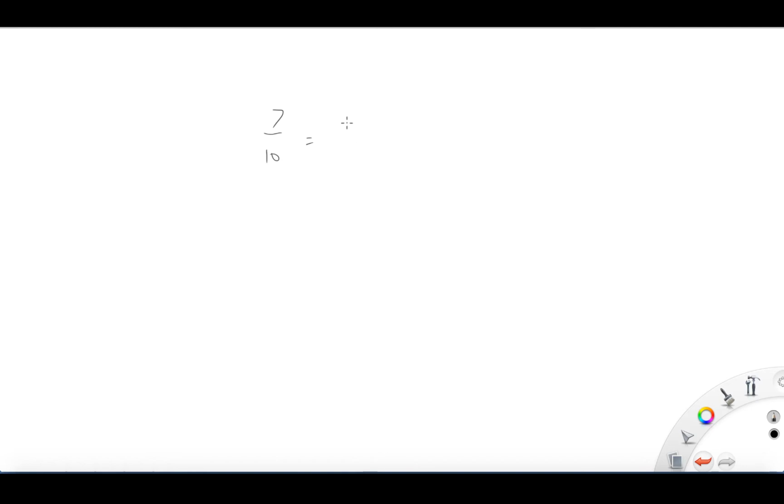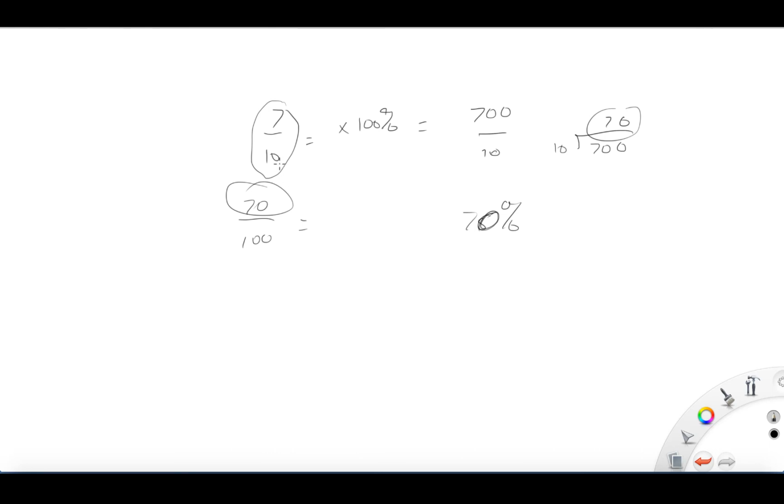Do it the way they do it. They multiply by 100% on top, which gives you 700 over 10. Well, this division problem of 10 divided into 700 is only 70, so the answer is 70%. We also know that this is like 70 over 100, which is a percentage. So if we just move the decimal over one more time and add zeros to each one of those, we can get the same thing. That's not a hard concept.